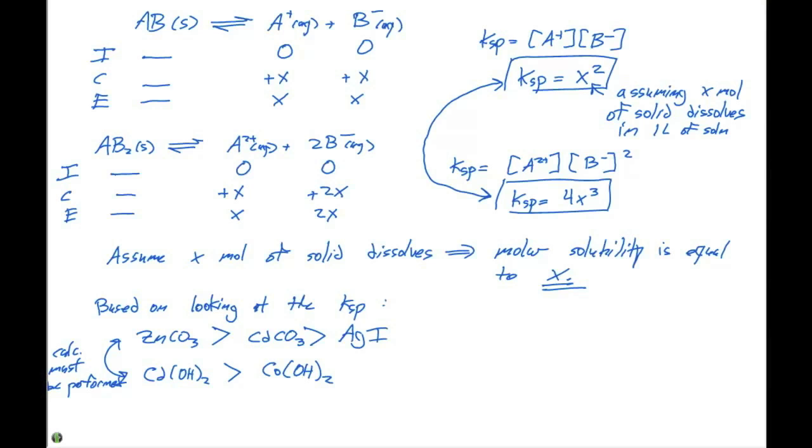So we know that for zinc carbonate, our KSP is going to equal the concentration of zinc 2 plus times the concentration of the CO3 2 minus. We have a 1-to-1 cation to anion ratio, so we know that our KSP is going to be equal to x squared.